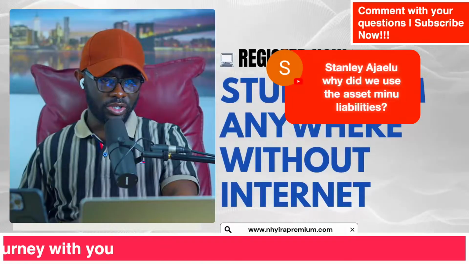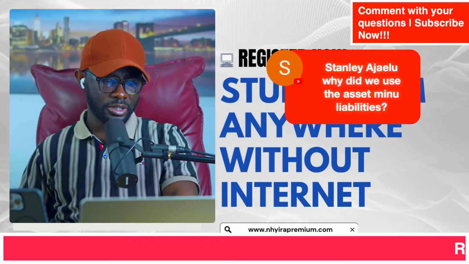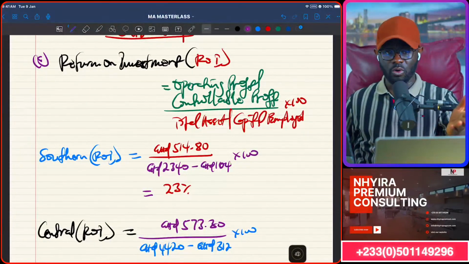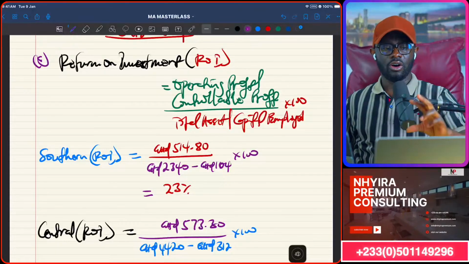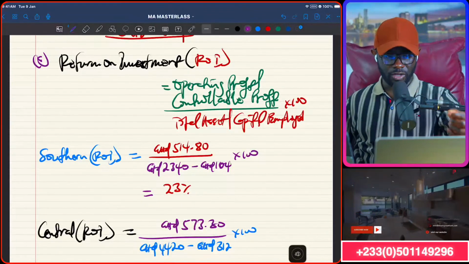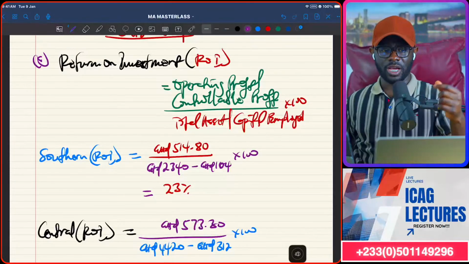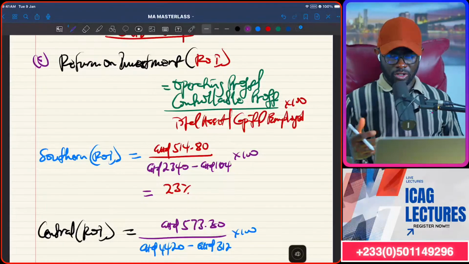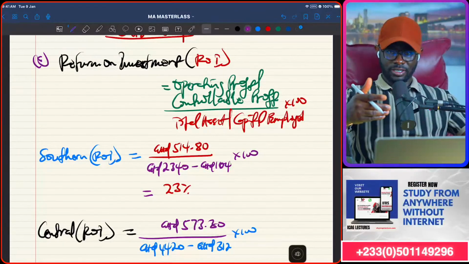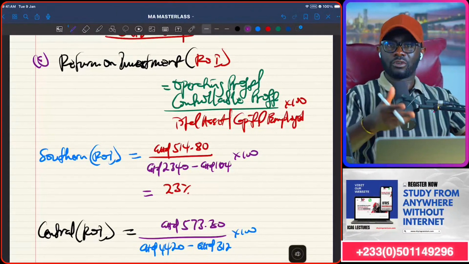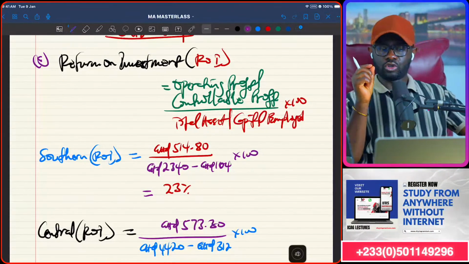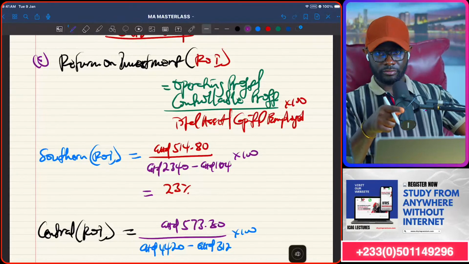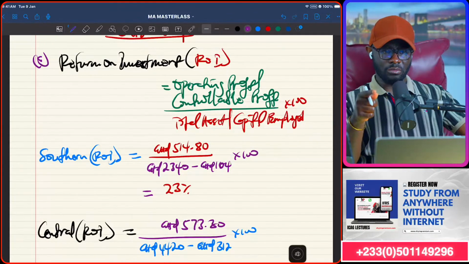Because we mentioned that, let me bring back my sheet. We mentioned that, yes, it could be operating profit over total assets, or operating profit divided by total capital employed. Now, if you look at the concept of return on investment, the default calculation is controllable profit divided by capital employed. That is the default calculation for ROI, so that is why we are using the capital employed.